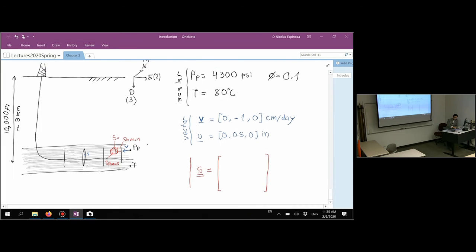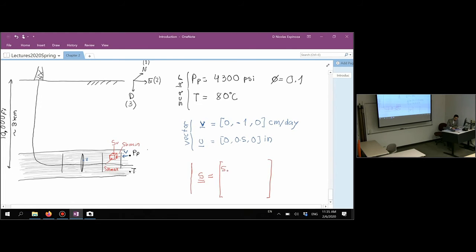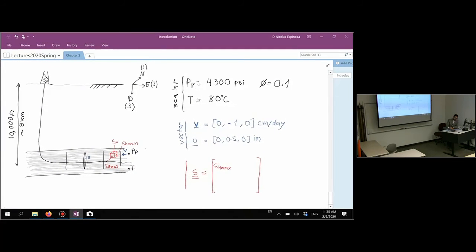The first row, first column is the stress that goes in direction north, which is SH max. The second diagonal element, second row, second column, goes in direction east, and that's SH min.